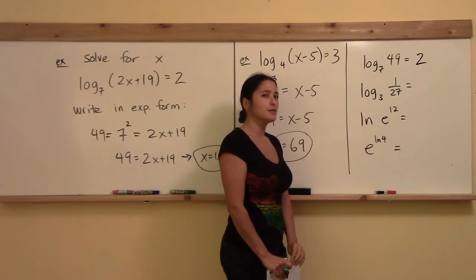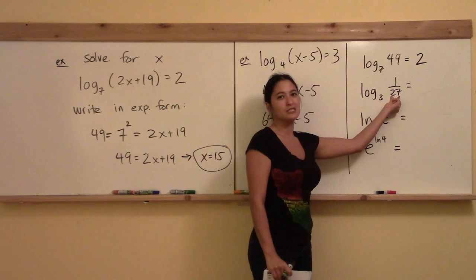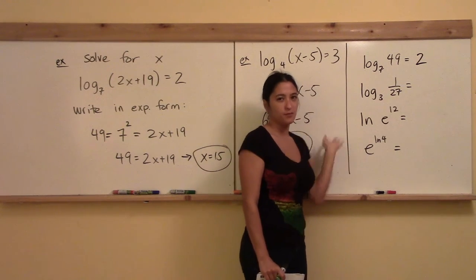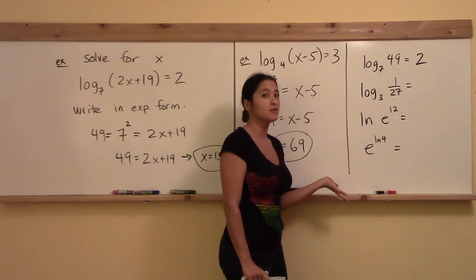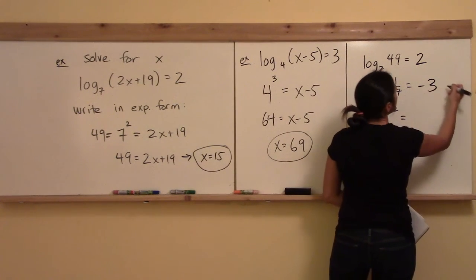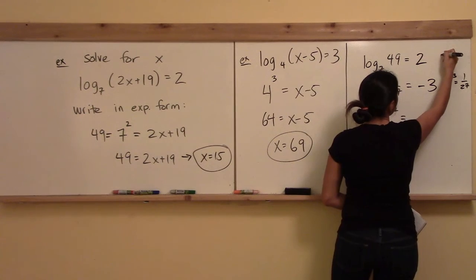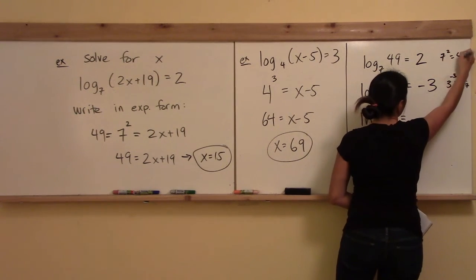So I'm guessing it's going to be a negative exponent, right? Notice how the input to this log is something that's less than 1. So from the graph now, I'm expecting a negative number out. And what's that negative number? Negative 3. And that's because 3 to the negative 3 is 1 over 27. See, this one was because 7 to the 2 is 49.